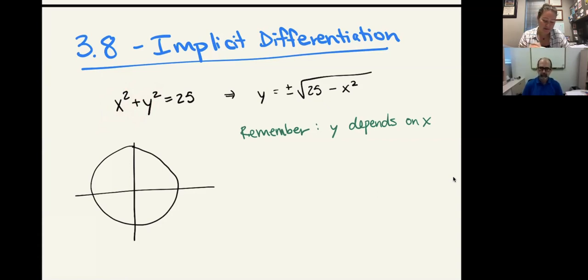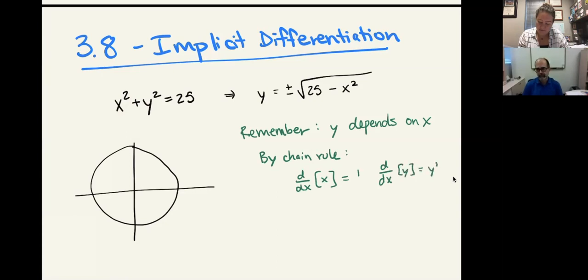So if I think about using the chain rule, and I want to take the derivative of y: if I take the derivative of x, for example, d/dx of x, I'll get 1. But if I take the derivative with respect to x of y, I'll get y prime, or dy/dx, because y is dependent on x.